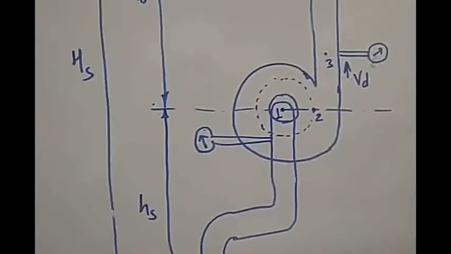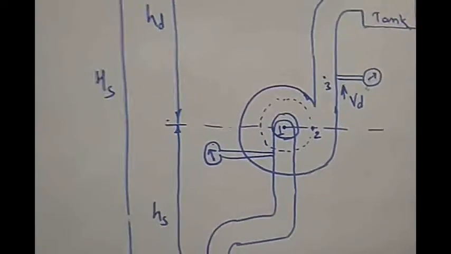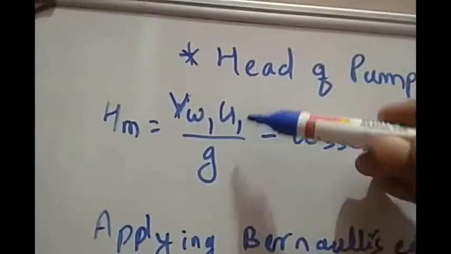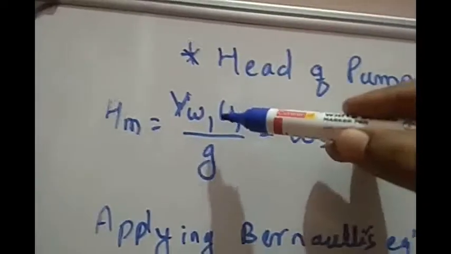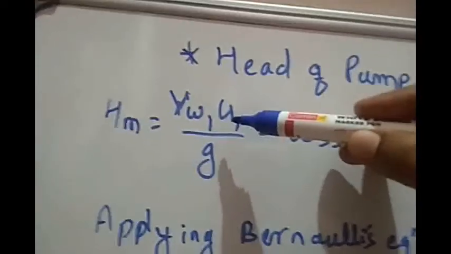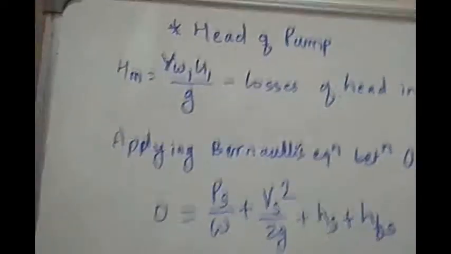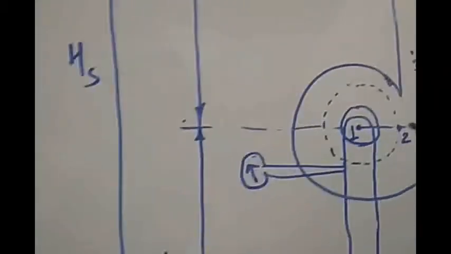Now we know that the impeller imparts energy to the liquid, and that energy is nothing but Vw1 U1 by g. So this is the energy imparted by the impeller to the liquid, that is the head, and that also we need to consider at point 1.